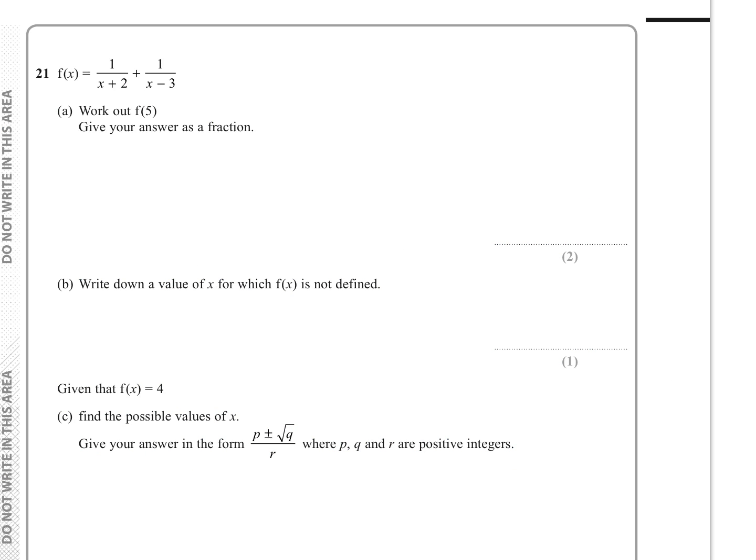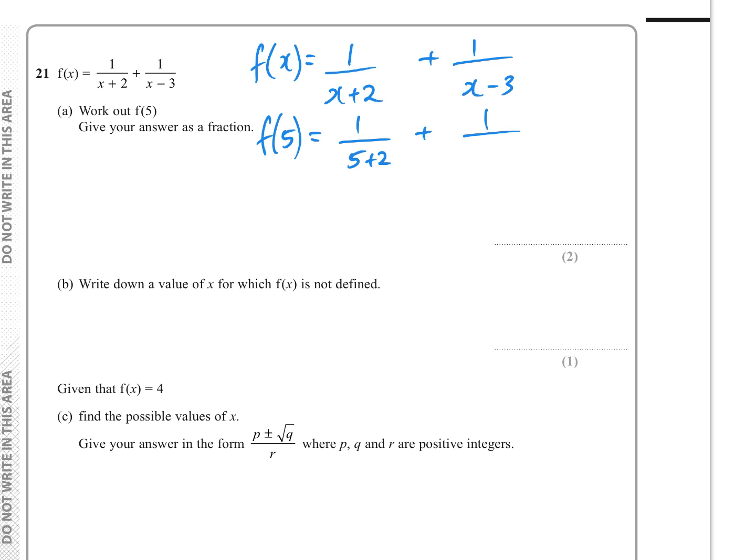Question 21. We're given a function here, f of x equals 1 over x plus 2, plus 1 over x minus 3. We've got to work out f of 5. So we just have to put 5 in place of x basically. So f of 5 will be 1 over 5 plus 2 plus 1 over 5 minus 3, which will give us 1/7 plus 1/2.